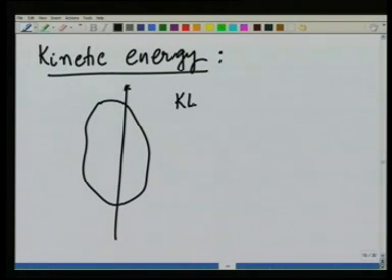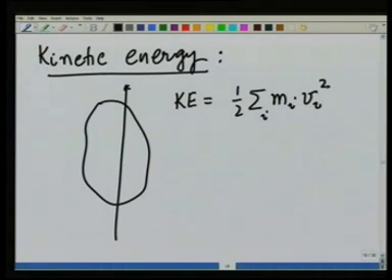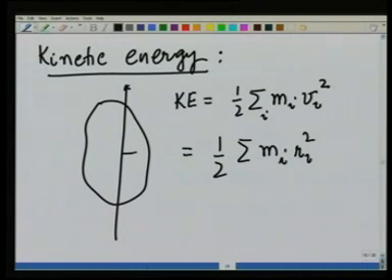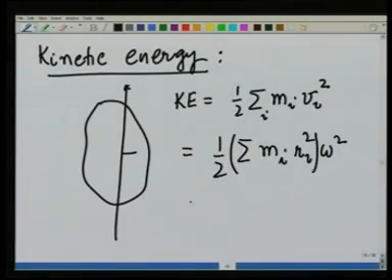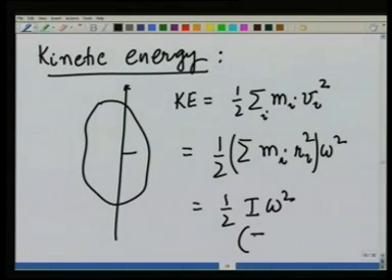Kinetic energy is equal to 1/2 summation m_i v_i square, and therefore, I can write this as 1/2 summation m_i r_i square times omega square, where r_i is the perpendicular distance from the axis, which is nothing but 1/2 I omega square, equivalent to 1/2 m v square of one particle dynamics.